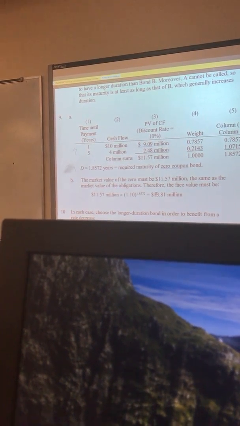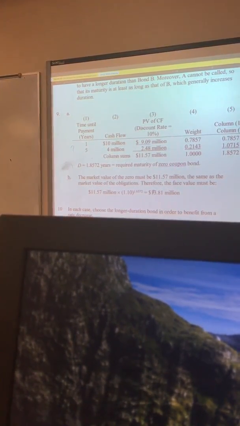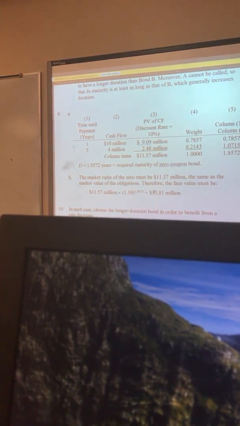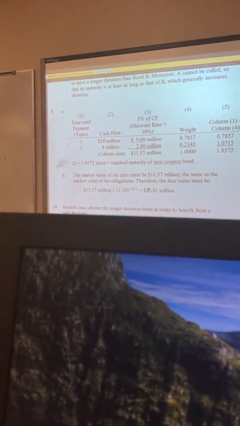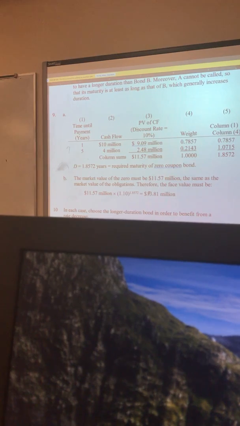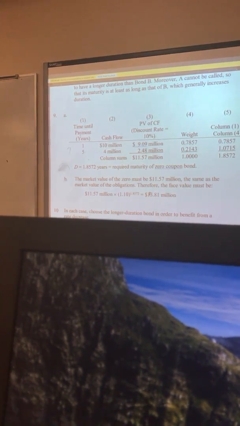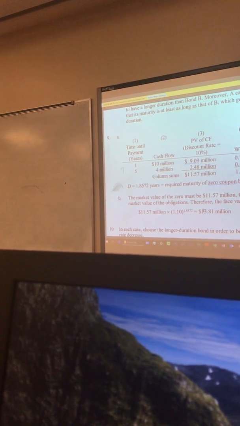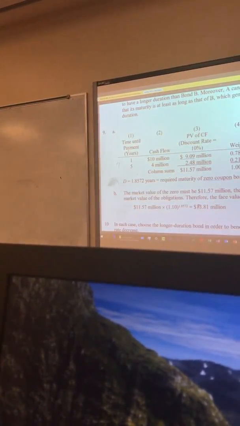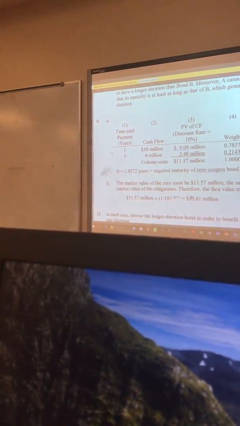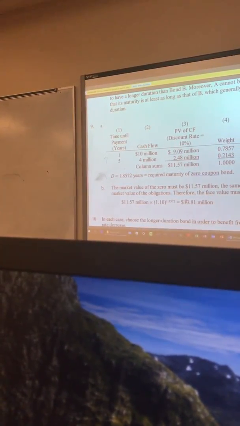Why does that happen? Let's explore why that happens. If you own a bond and interest rates go up, what happens to the value of the bond you own? It goes down. If you own a bond and interest rates go down, what happens to the value of the bond?